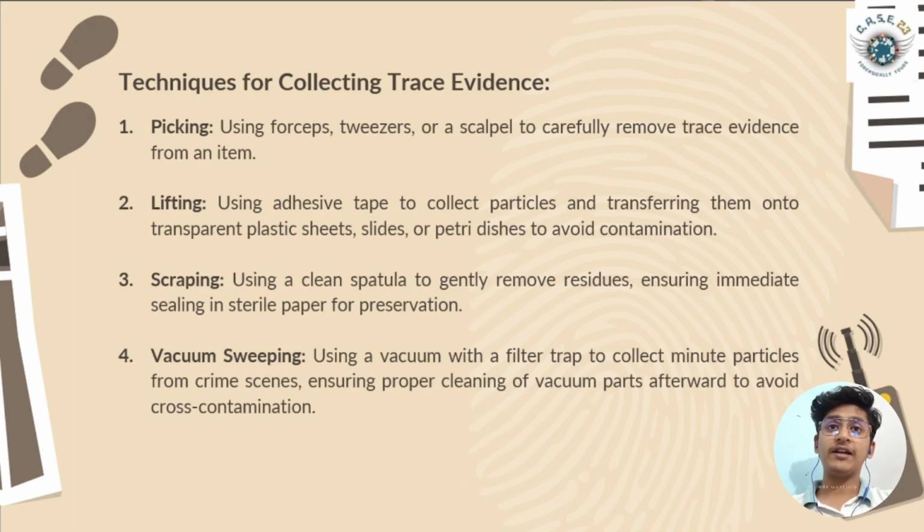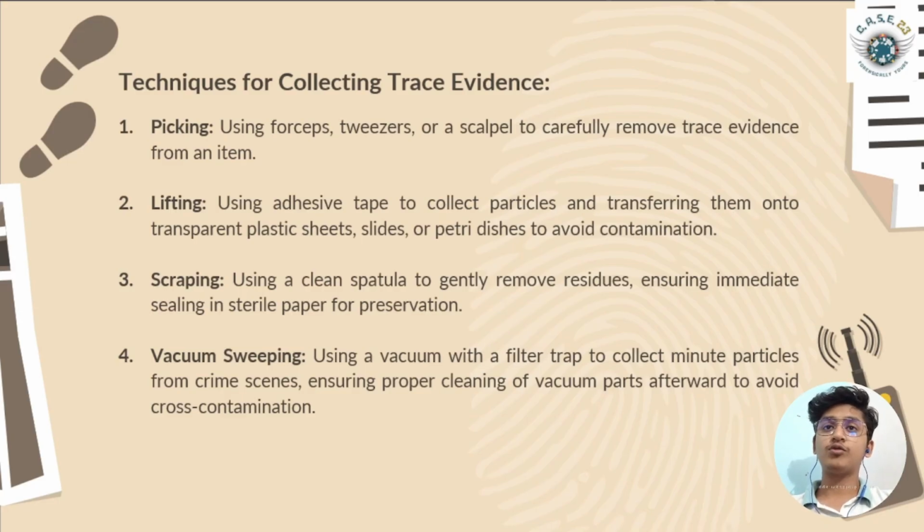For tiny particles like dust, fibers, or even gunshot residue, an adhesive tape is pressed onto the surface and then sealed in a special container. The next one is scraping. If the trace evidence is stuck on a surface, like for example dried blood on a shoe, a clean spatula is used to carefully scrape it off onto a collection sheet.